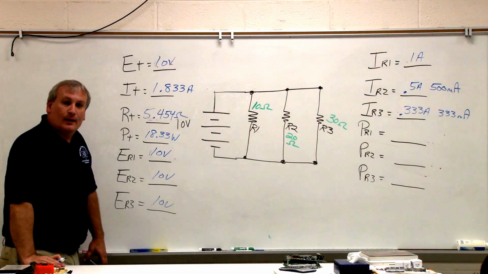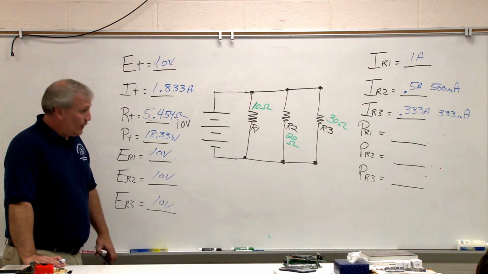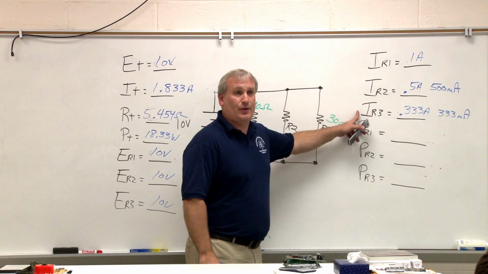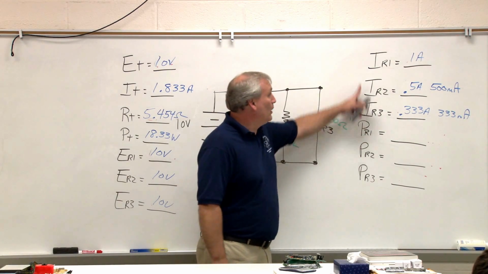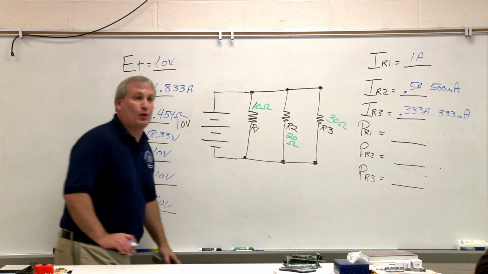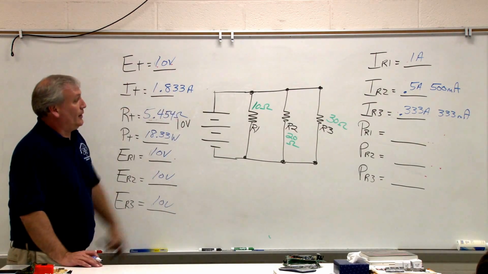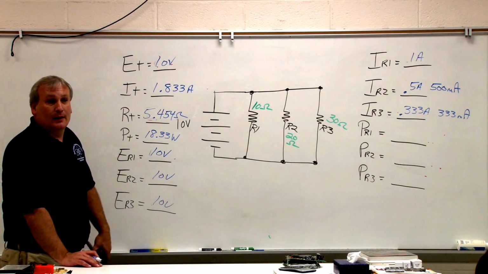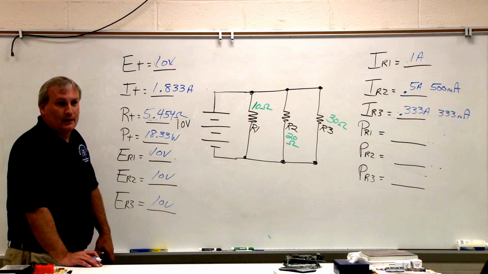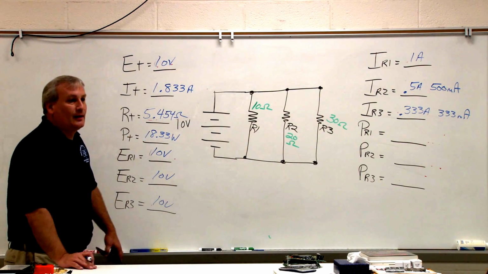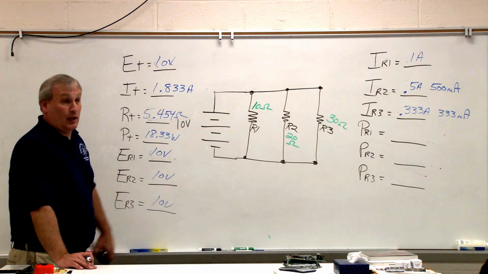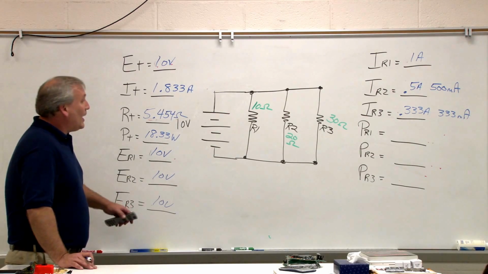How do I know if I'm correct? If they add up to the total what? Total current. Very good. IR1, IR2, and IR3 in a parallel circuit should add up to I total. 1, 0.5, and 0.333 should add up to 1.833. So that worked. What about PR1, PR2, and PR3? What do we do there? Seth? The first one is ER1 times IR1. Okay, plug and chug again, just like the last one.